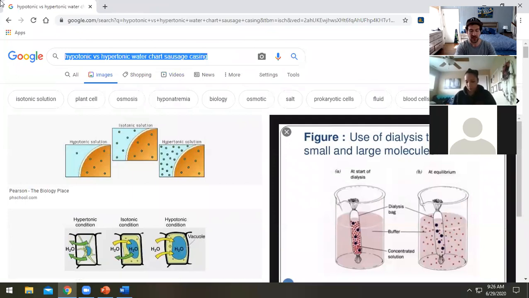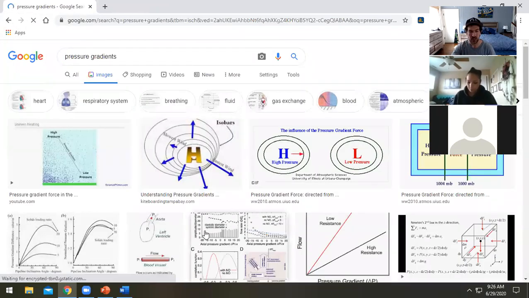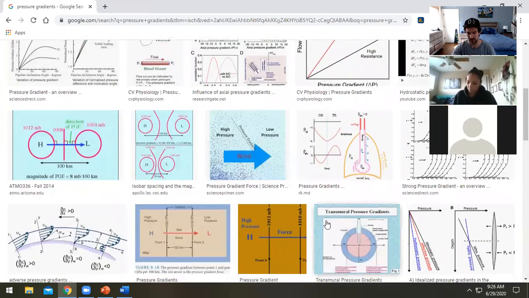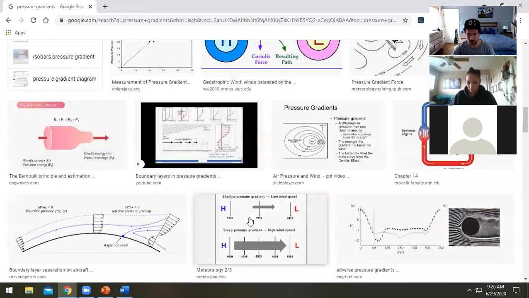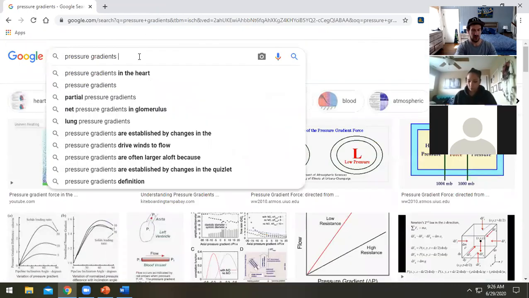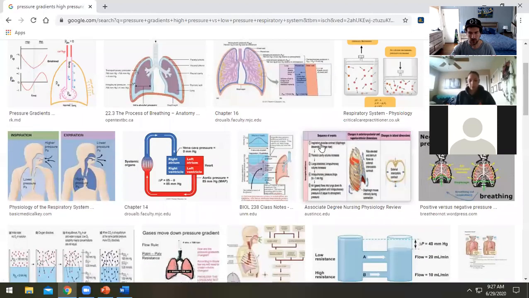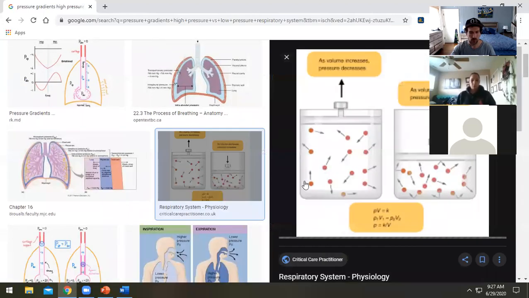So when we look at pressure gradients, right? Pressure gradient, high pressure versus low pressure, respiratory system. Yep, there we go.